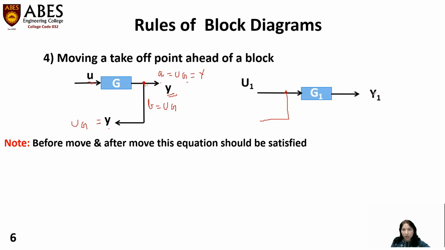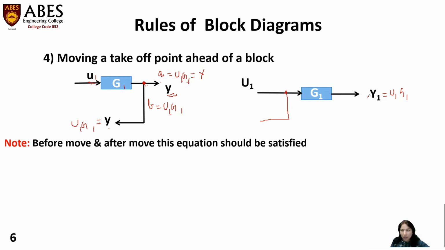Now just see what y1 I'm getting here. Here the value of y1 is nothing but u1 into g1. So this will be u1 into g1, suppose. And here, actually consider this as u1, this as g1, right? Here I got u1 g1, here also u1 g1, here also u1 g1, right?